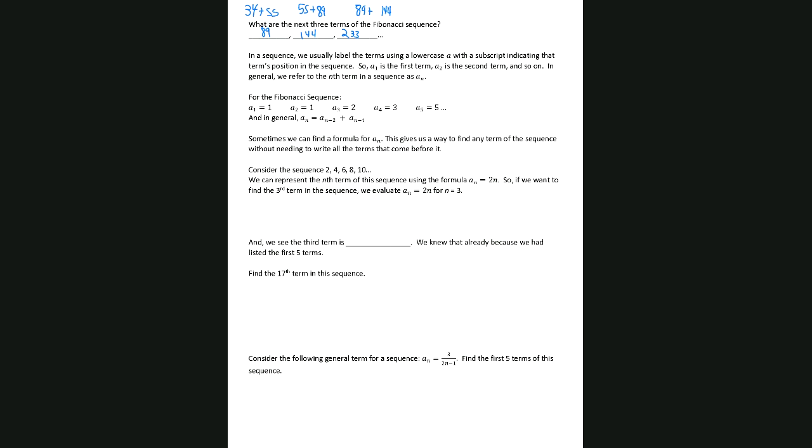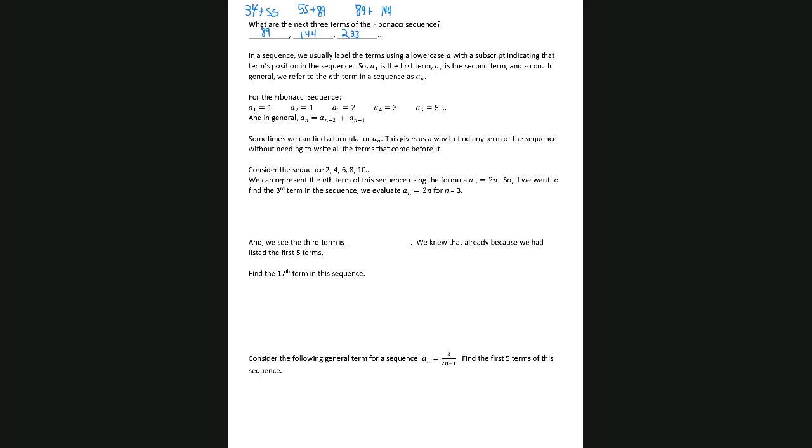Sometimes we can actually find a formula for a sub n, and this gives us a way to find any term of the sequence without needing to write all the previous terms, so all the terms that come before it. So let's consider that sequence 2, 4, 6, 8, 10. We can represent the nth term of this sequence using the formula a sub n equals 2n, right?